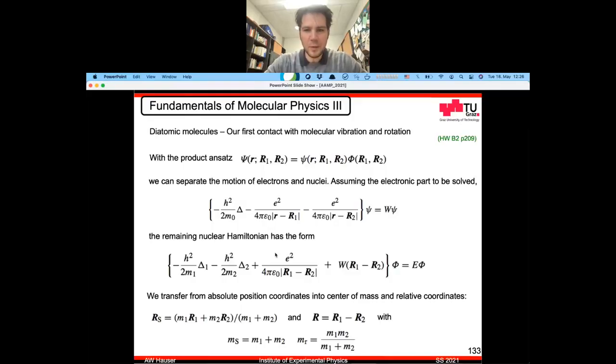Okay, so in the case of the nuclear Hamiltonian, it's R1 and R2, and now we transform into Rs and R, with R denoting the difference, so this is just a vector then pointing from one nucleus to the other, and Rs, which is the absolute position of our center of mass for our diatomic molecule.